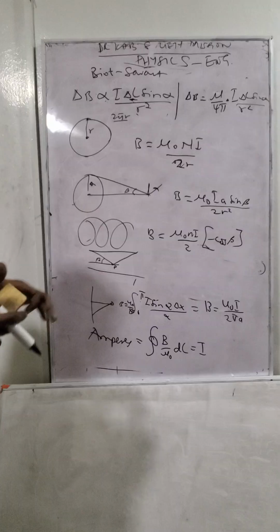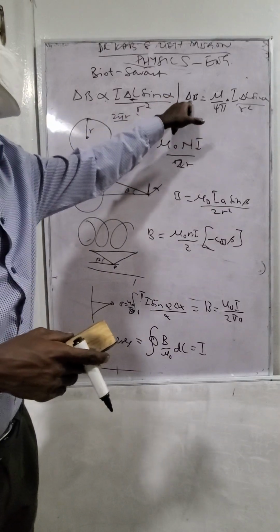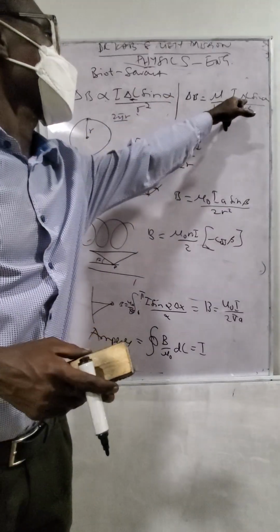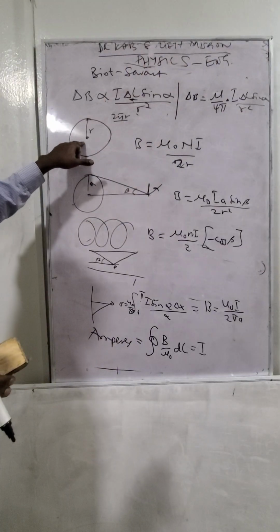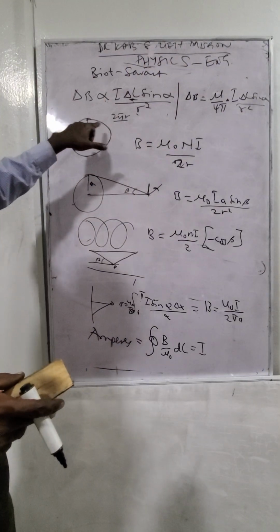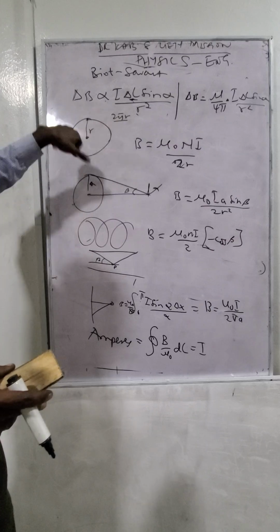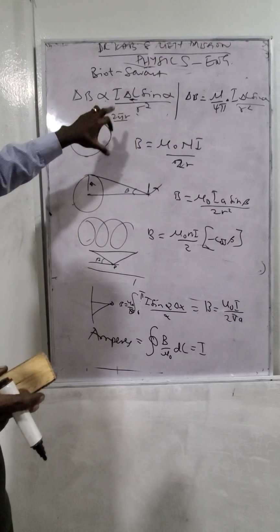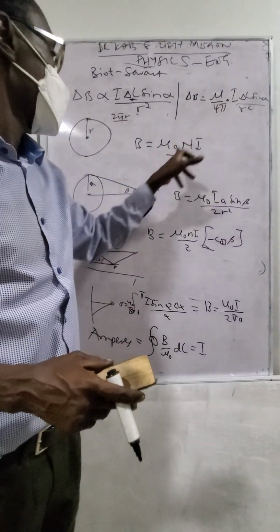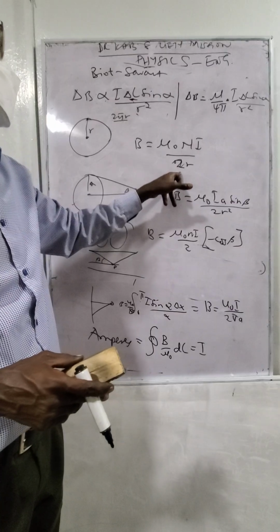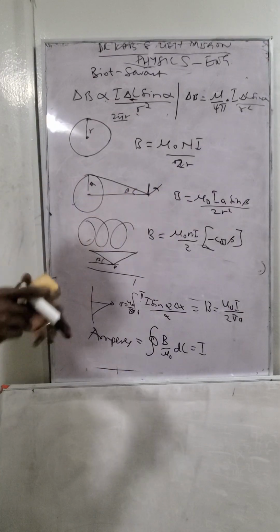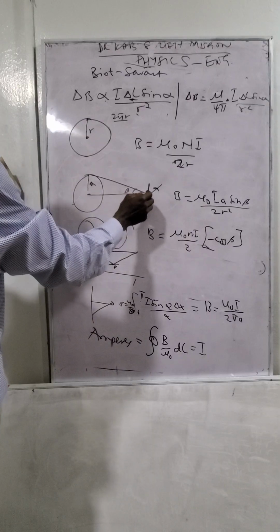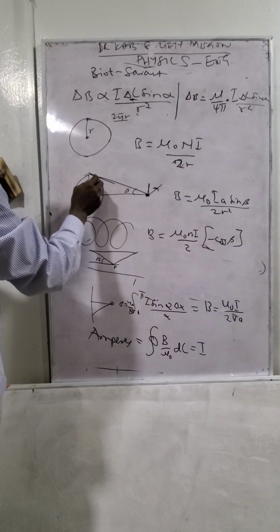Once you have this one, now you have this and that. So you can integrate this part and that part depending on the equation. For here, the L becomes 2 pi R, if we have number of turns times N. So you integrate for that one, and this will come back to this equation. When this is the coil and then the distance away, this distance away here has an angle it's making with this.